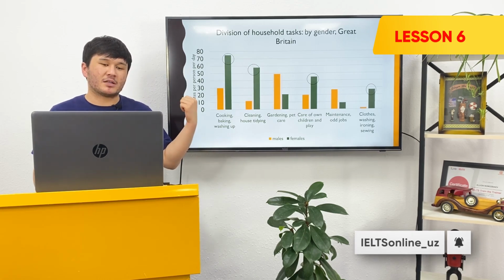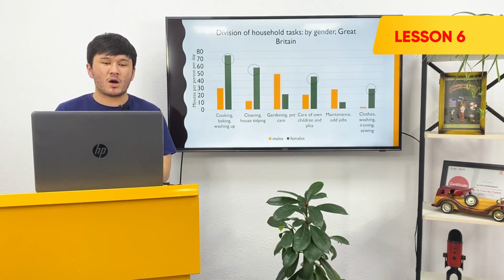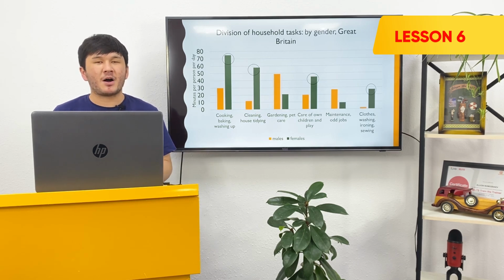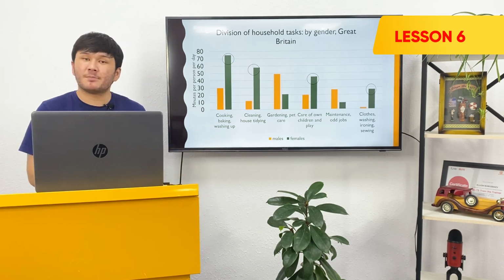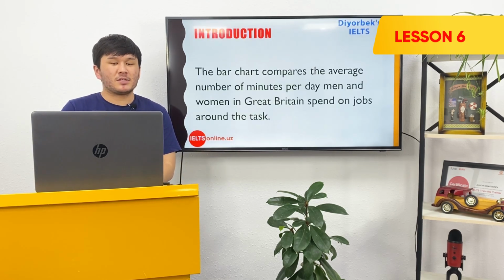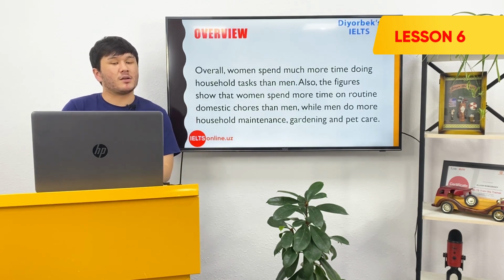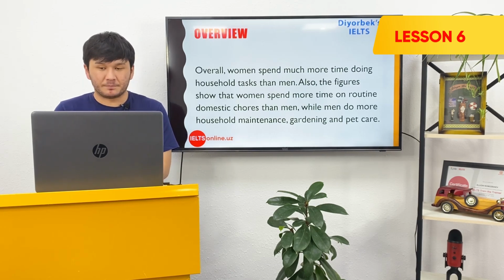For example, you could have talked about how cooking, baking, washing up is the most popular activity, the activity where women spend the largest number of minutes, whereas gardening would be the one where men spend more time. But I guess these two pieces of information really do the job well.